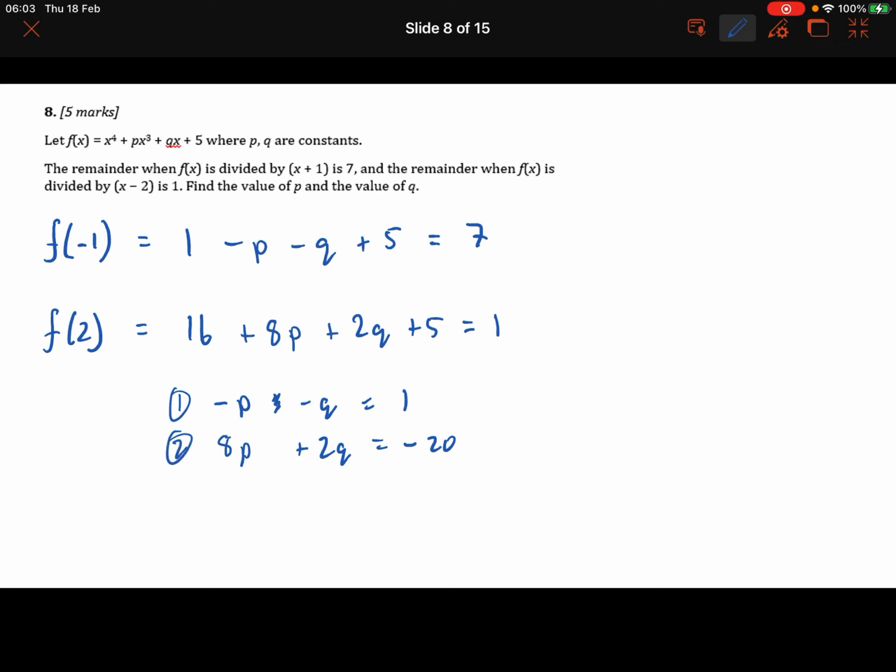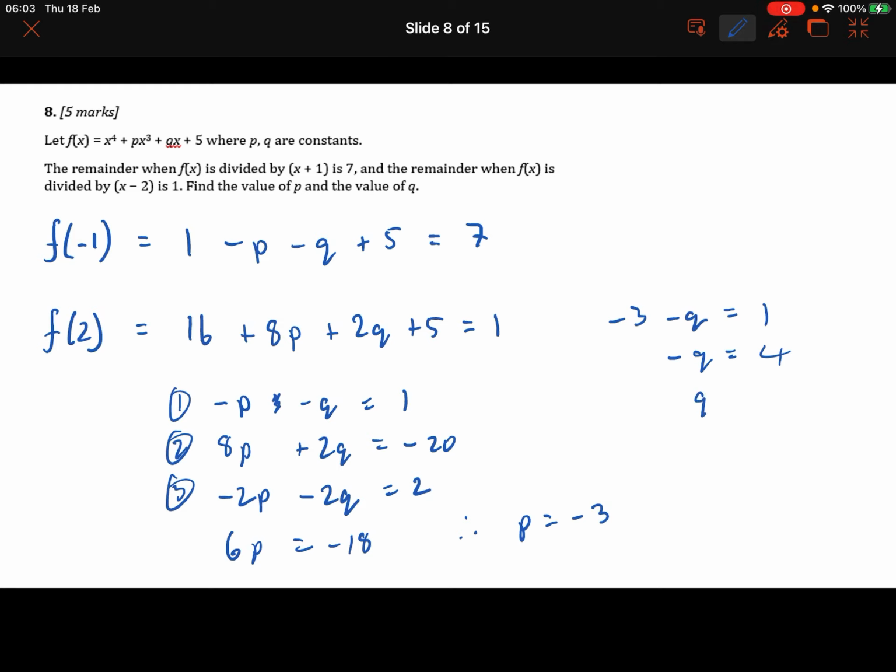Let's times equation 1 by 2, so I'm going to get minus 2p minus 2q is equal to 2. So there's equation 3, and now I'll add those two equations. So I'll get 6p equals negative 18, therefore p equals minus 3. And now I know minus 3 minus q equals 1. So negative q is equal to 4.